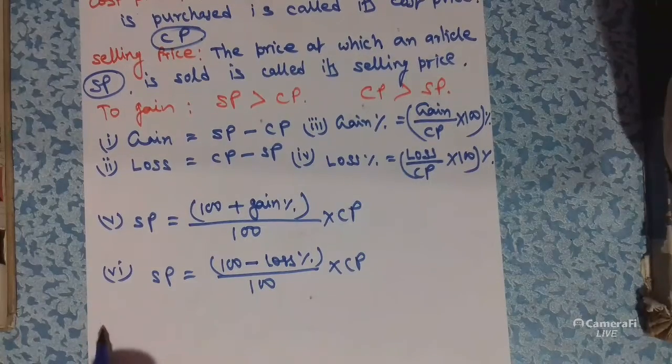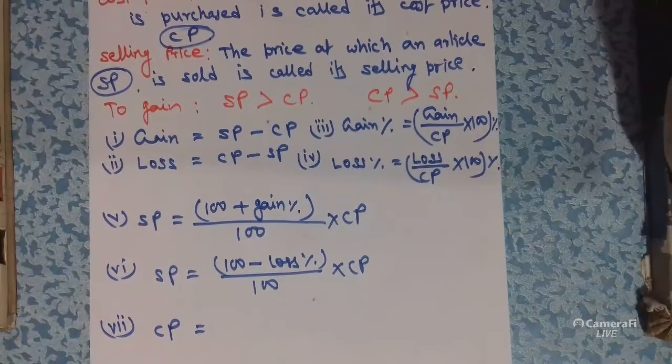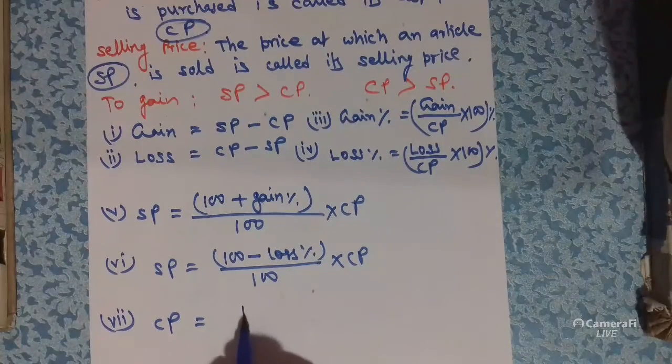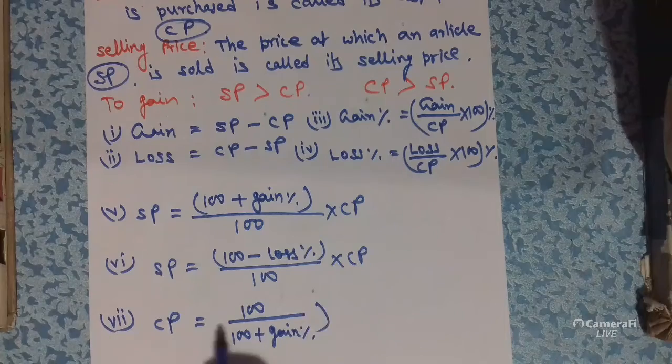And when selling price and gain percent are given, then to find cost price we have to use this formula, that is 100 by 100 plus gain percent multiply SP.